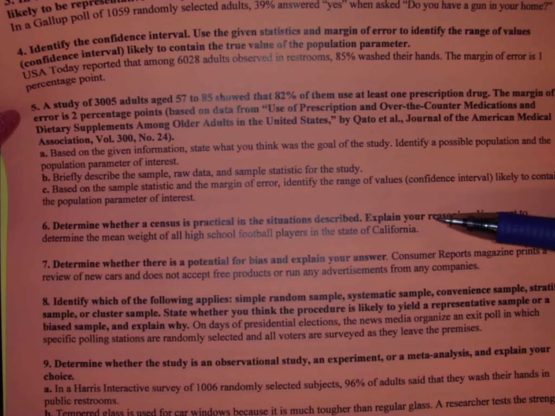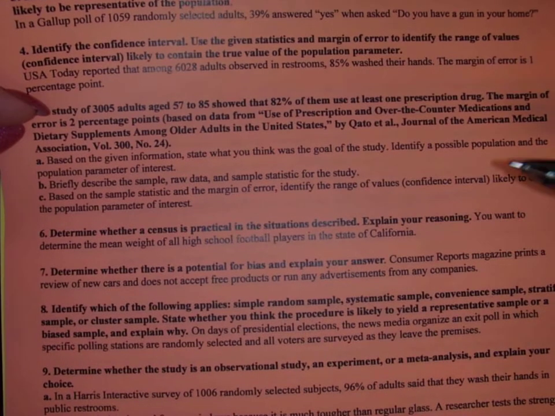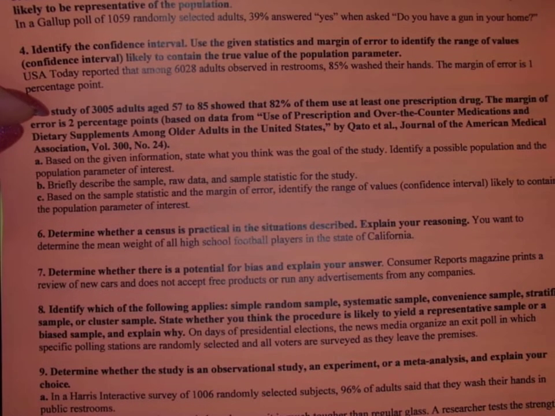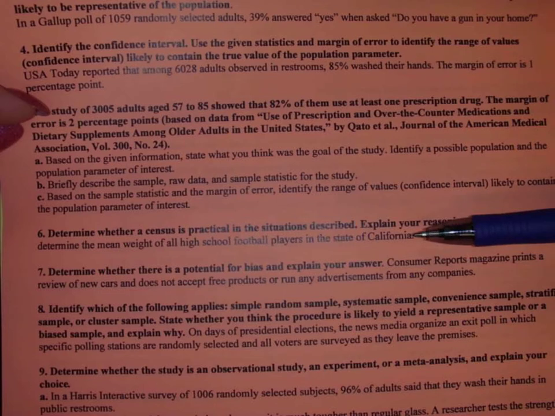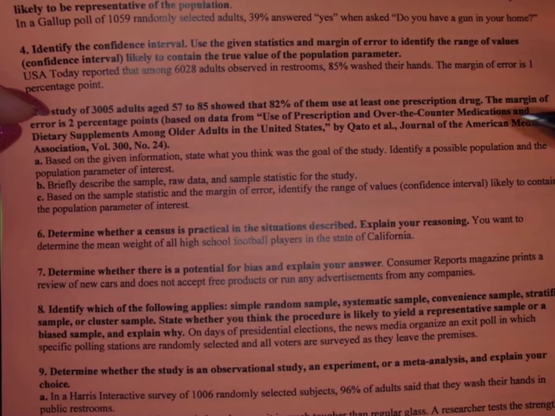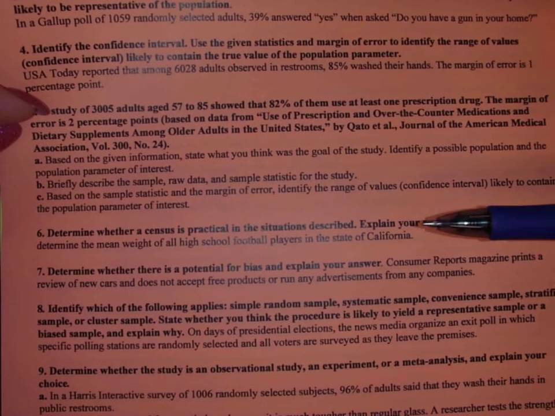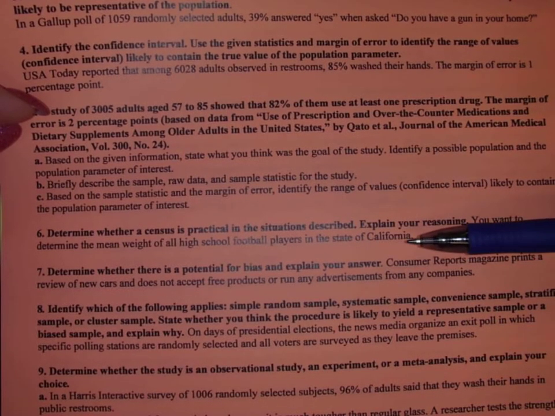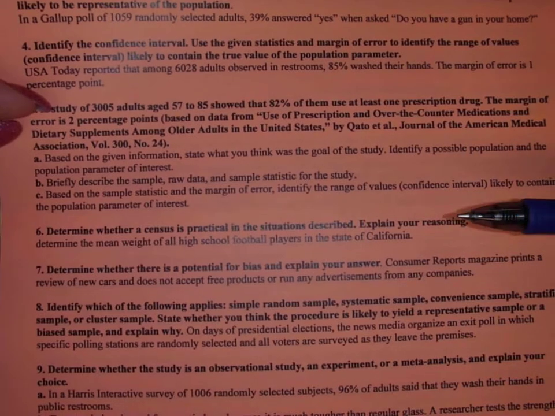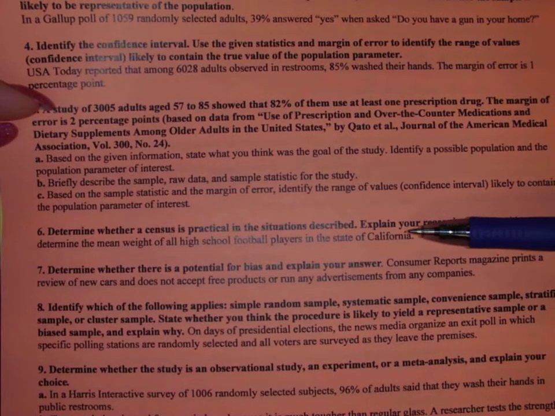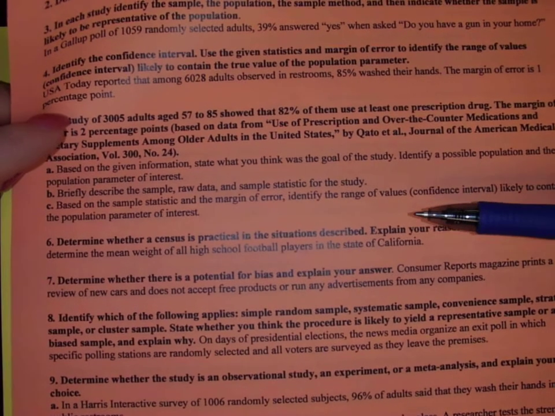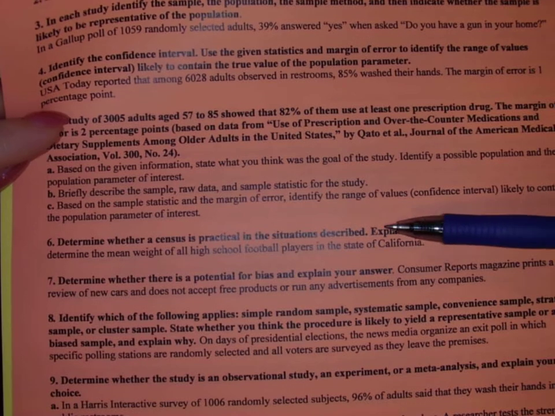First of all, it's a very large, if you think about the state of California, it's really big, right? It's big, just like Texas, which is where we're at. So all the high school football players, that is a lot of football players, right? Because we're not talking like a county, we're talking the whole state. So it's a really large number, and probably too large to be doing a census.